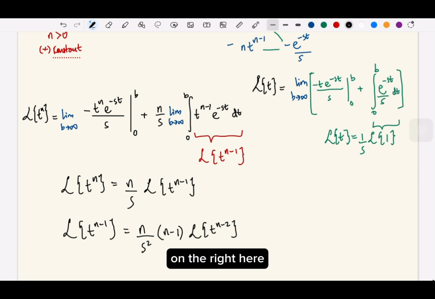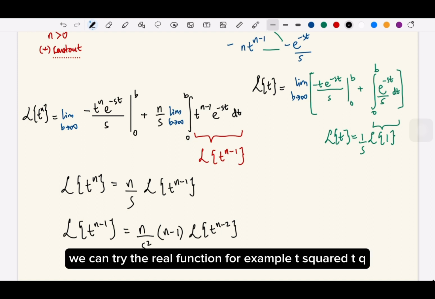On the right here, we could try the real function, for example, t squared, t cubed.